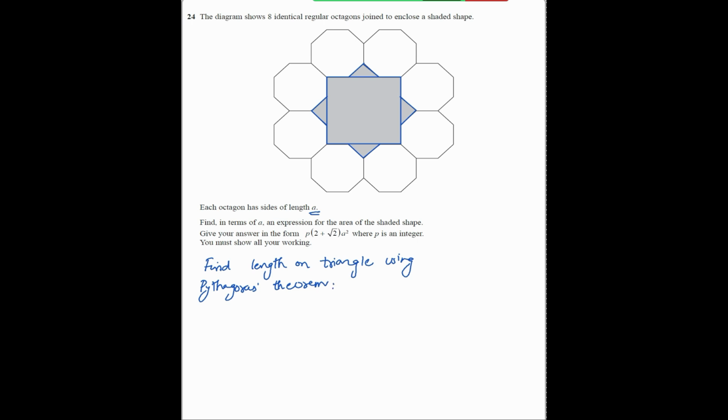So we have to calculate it like this: c squared equals a squared plus a squared. We can also draw the triangle like this, and that's a 90-degree angle, and this side is c, the hypotenuse, and these two lengths are a, and these two angles are 45 and 45. So we are applying Pythagoras' theorem to calculate the hypotenuse.